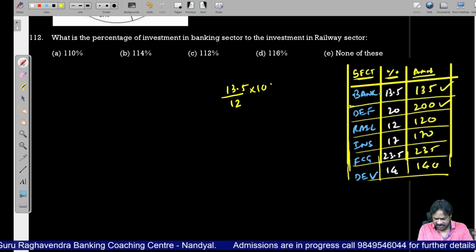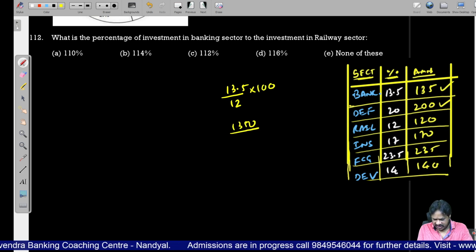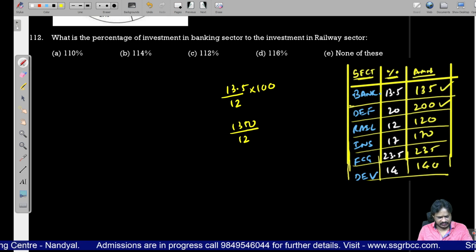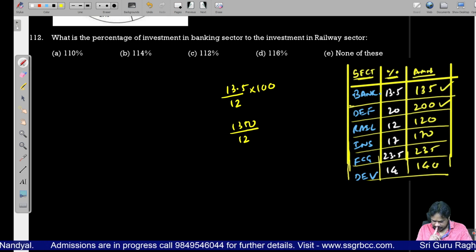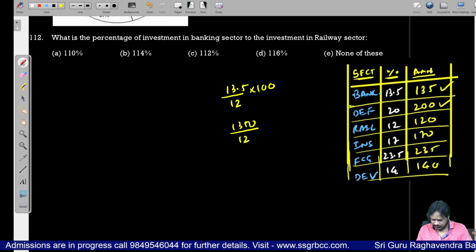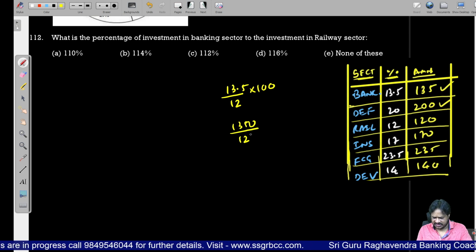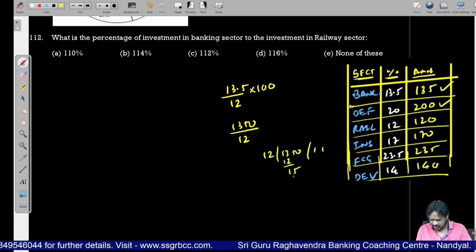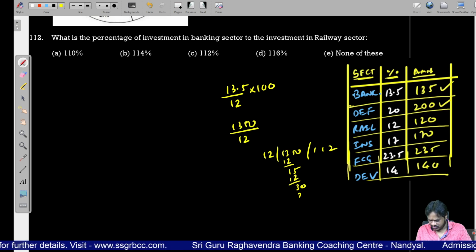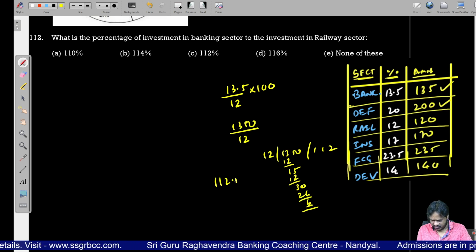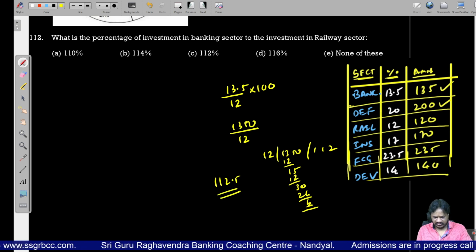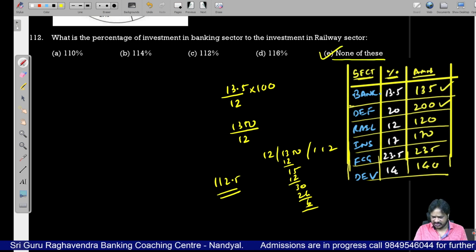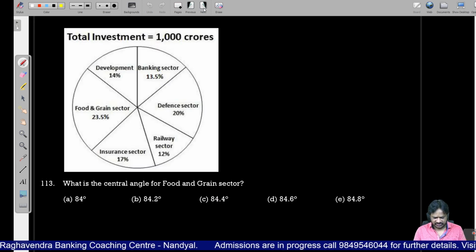What percent means into 100, so that is 1350 by 12. Now, let us do the calculation: 12 ones are 12, again 12 ones are 12, 12 twos are 24. It is 112.5. 112.5 is the correct answer, but the exact answer is not there, so none of these. Next question.